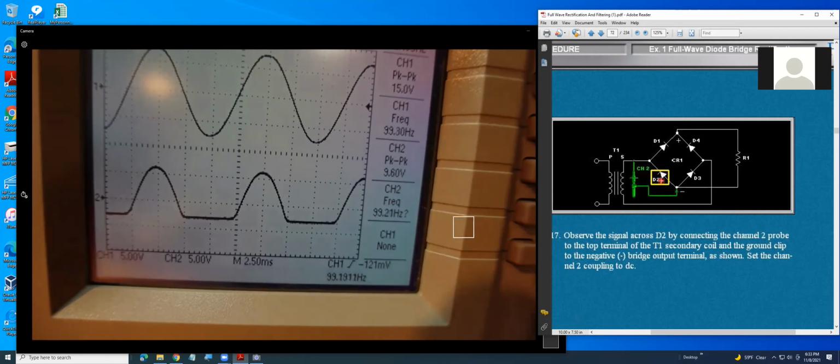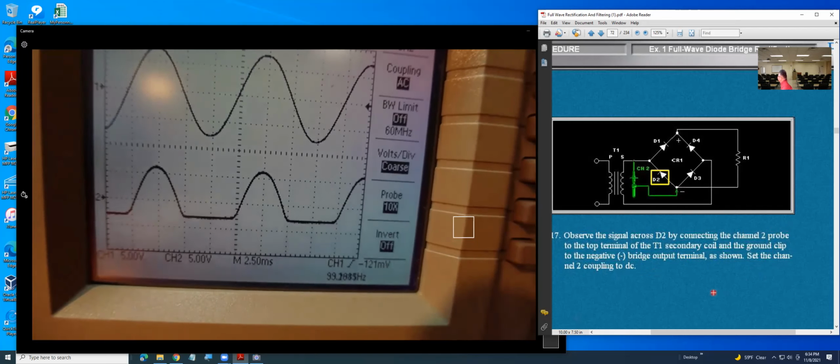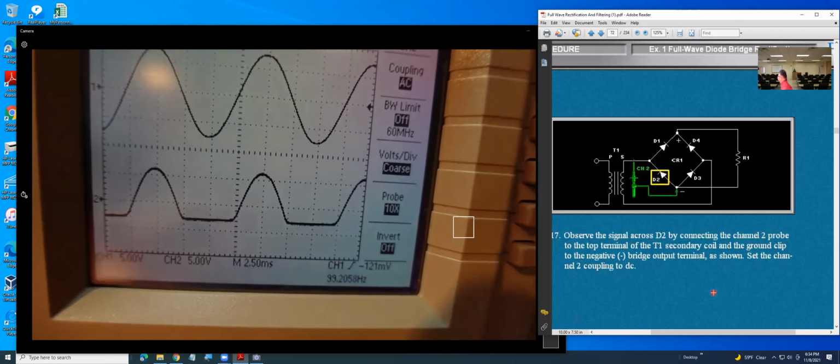Right. Okay, now they said set your channel 2 coupling to DC. Okay, so you can set your channel 2 coupling to AC. Channel 2 here, right now coupling DC. I change to DC.